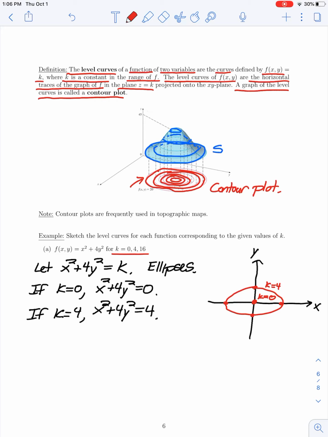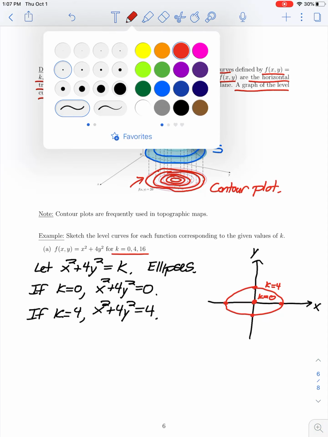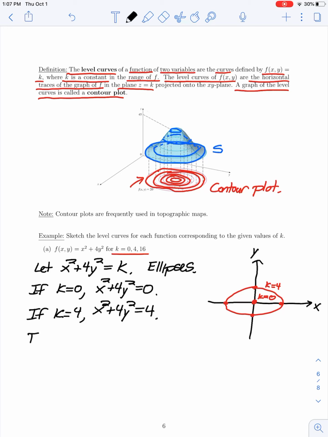So that is, if we were to move upward from the xy plane 4 units, we would see this curve as the intersection of our surface with this plane. And for our last value that we were given, k equals 16, we have the curve x squared plus 4y squared is equal to 16.